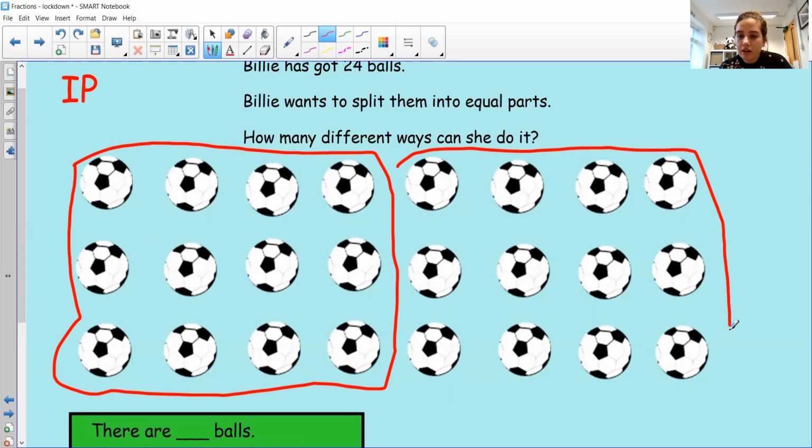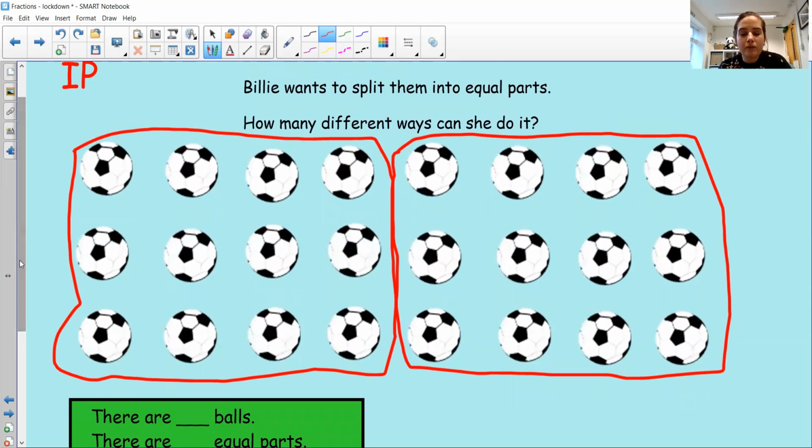So I'm going to split these like this in half, like we've been doing today. And have I got the same amount in each of the parts? Let me just check, because I do want to double check afterwards. 1, 2, 3. Now I know how to count in 3, so I'm going to count in my multiples of 3 to make it quicker for me. 3, 6, 9, 12.